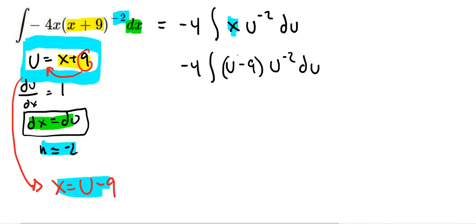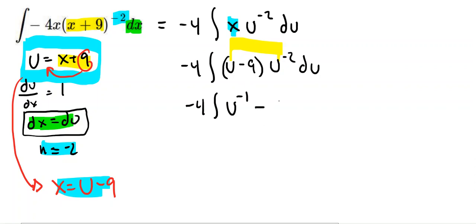So what we want to do is simplify this a little bit before we actually apply the power rule. So we have to multiply what's in the parentheses times u to the -2. So multiplying these two together, u to the first times u to the -2 is u to the, remember we're adding the exponents, so that would be u to the -1.